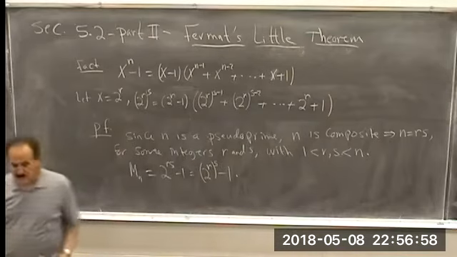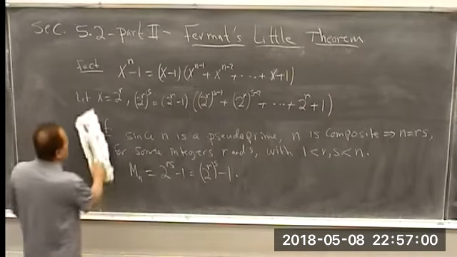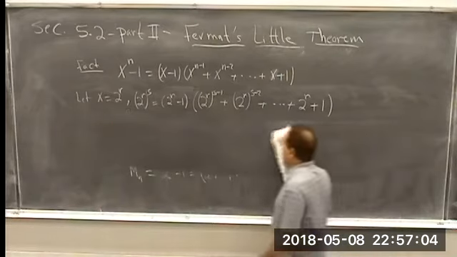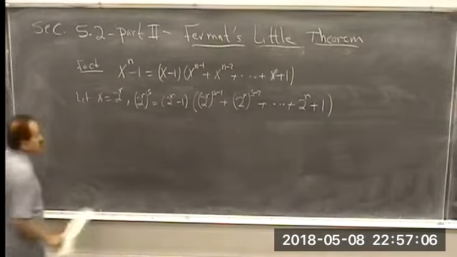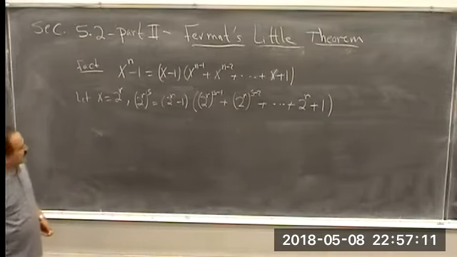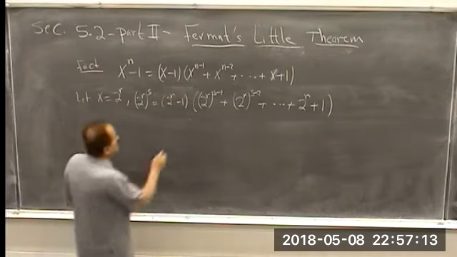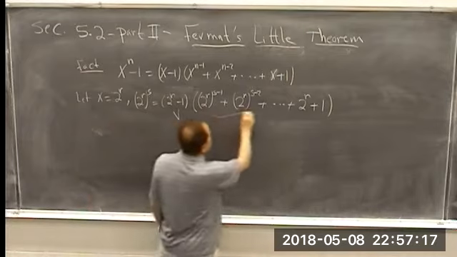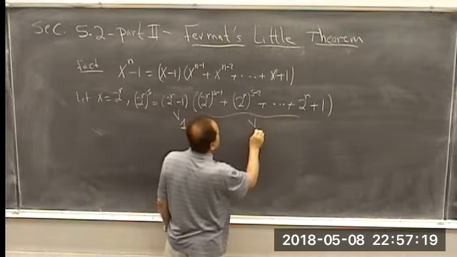All right, so this is what it's equal to. Now, we know that neither one of these factors is going to equal 1, so this one is bigger than 1, and the same thing in here. This is bigger than 1.